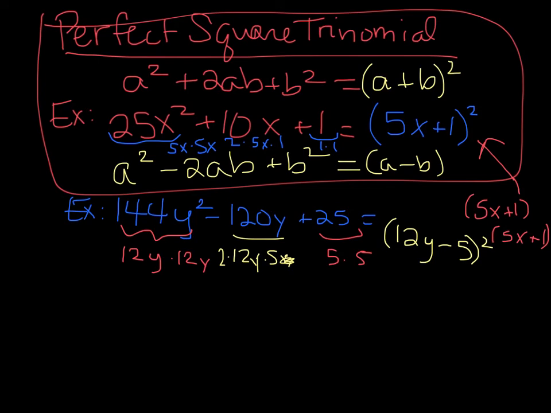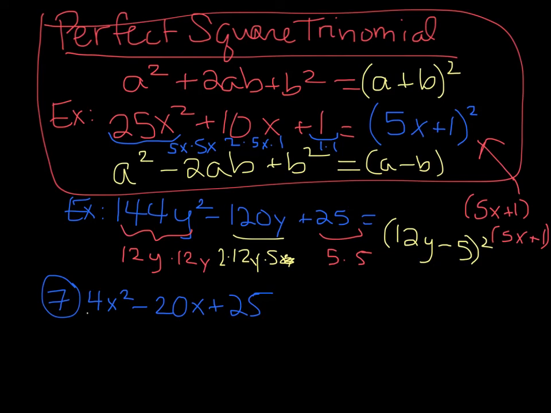I'm going to give you one more example, and I believe this is number 7. So we have 4x squared minus 20x plus 25. Go ahead and pause if you want, try that on your own.